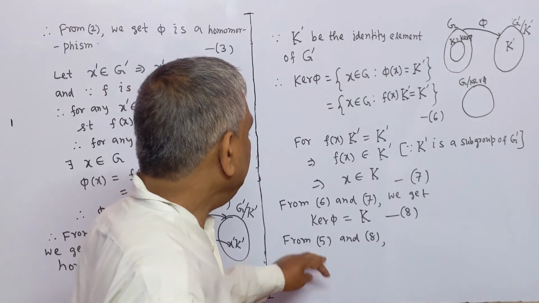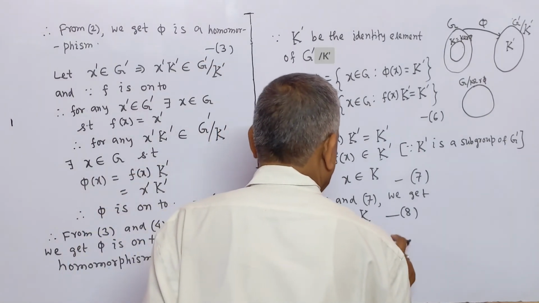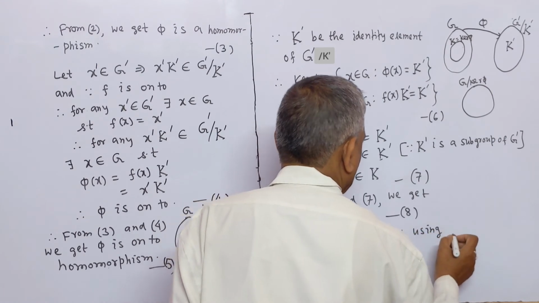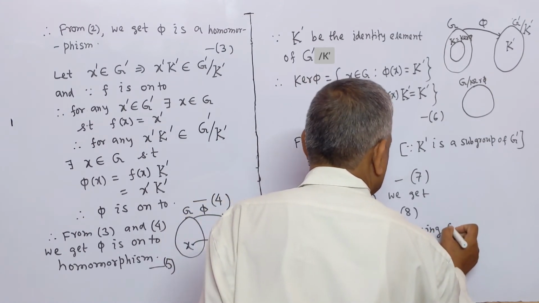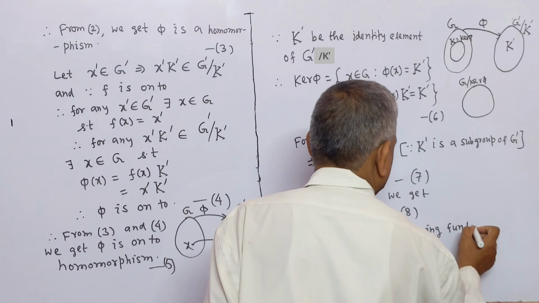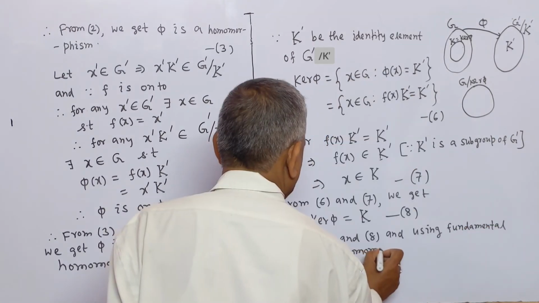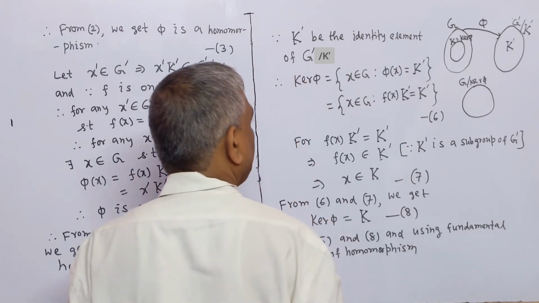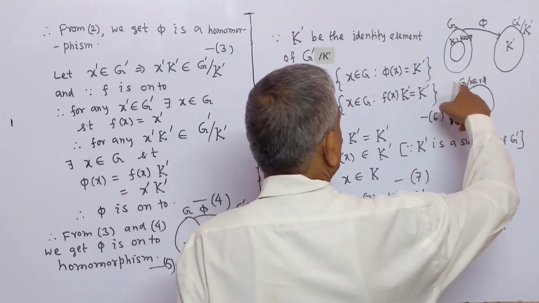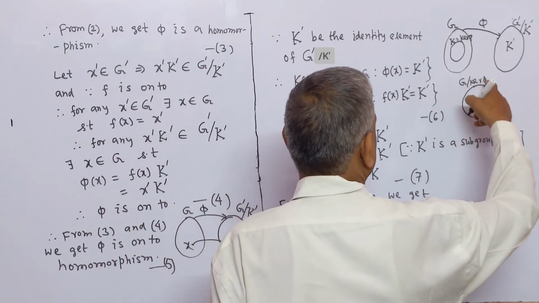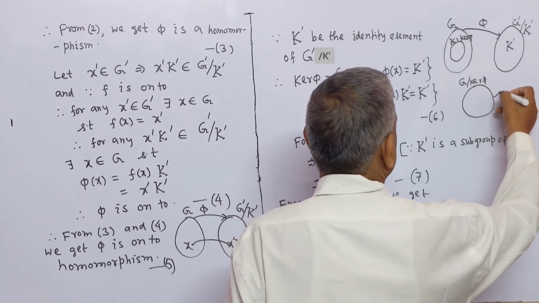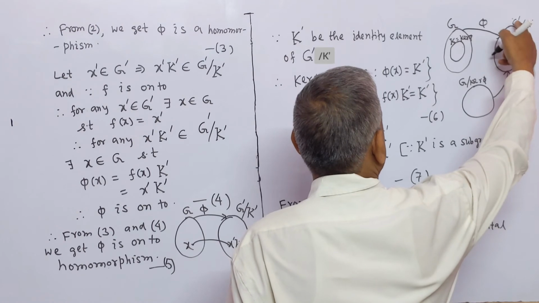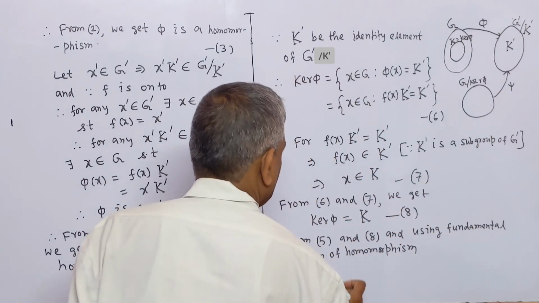Therefore, by fundamental theorem of homomorphism, the quotient group G by kernel phi is isomorphic to quotient group G prime by K prime.